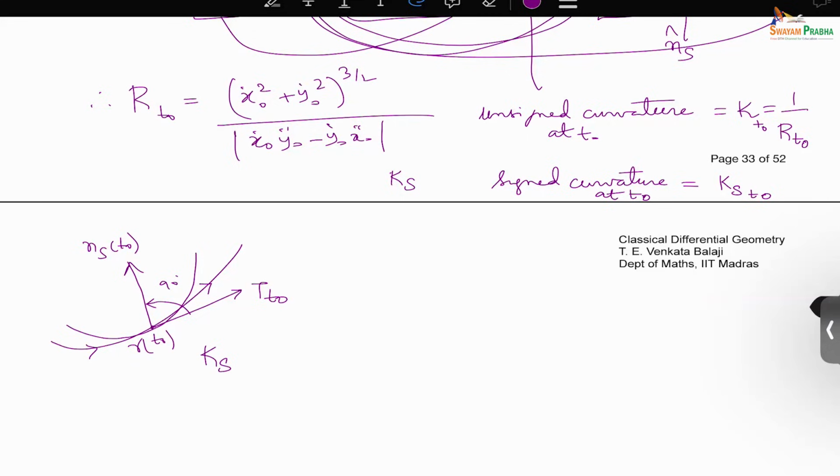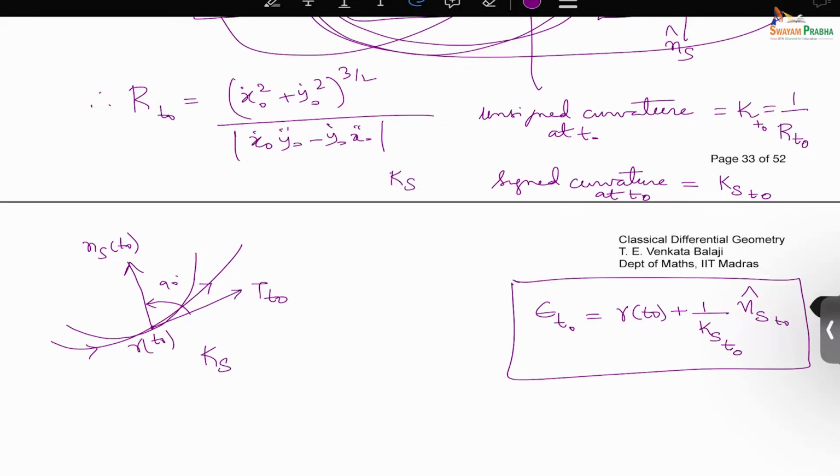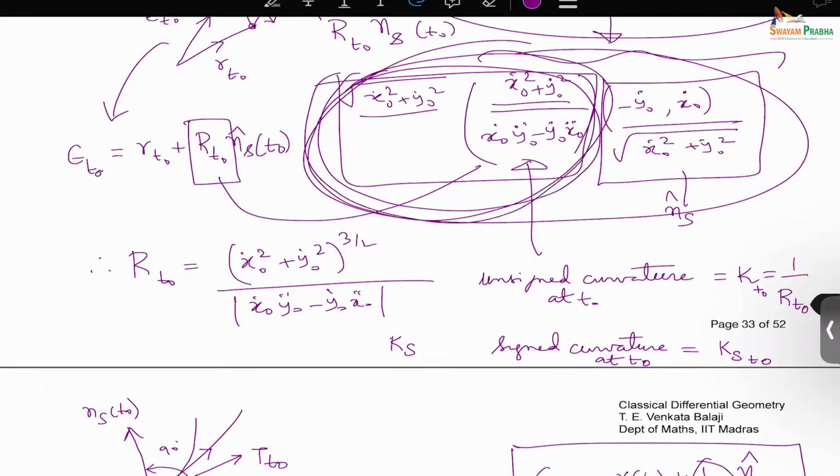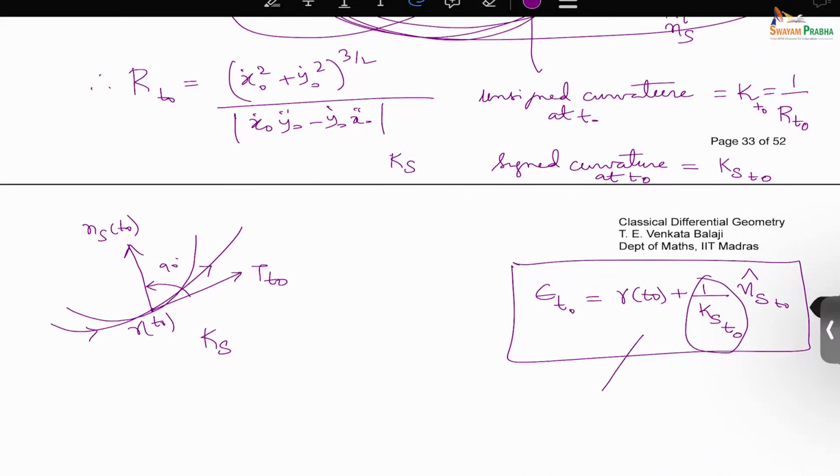Okay, so what should happen is, epsilon(t naught) should be gamma(t naught) plus 1 by signed curvature at t naught times the signed normal at t naught. This equation should hold. Okay, and you have to watch this very carefully. Here I am replacing this term without the modulus, and therefore there is a sign, and that sign is adjusted so that this equation is always true.